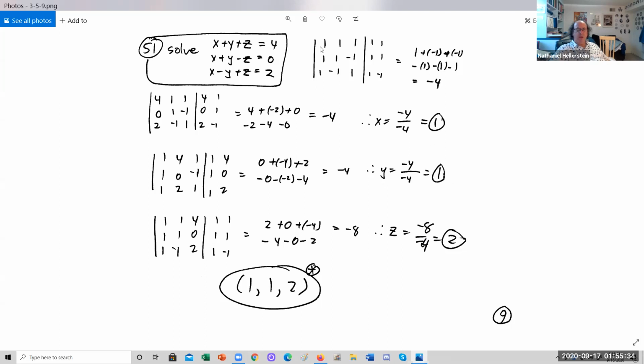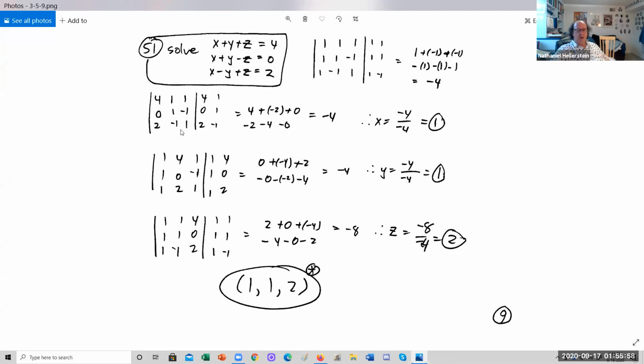Now for x, we put 4, 0, 2 in the first column, and 4, 0, 2, 1, 1, negative 1 added after, and do the usual determinant stuff. 4 times 1 times 1 is 4. 1 times negative 1 times 2 is negative 2. 1, 0, negative 1 is 0. Minus 2 times 1 times 1, that's minus a 2.